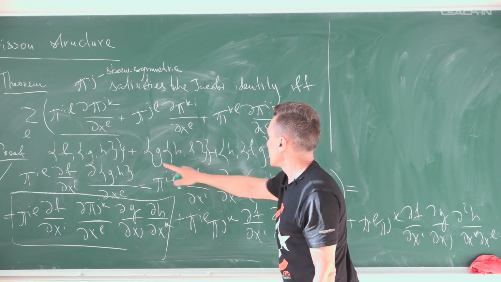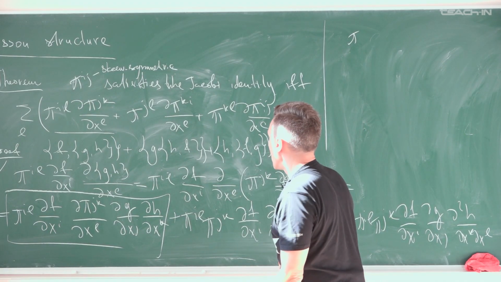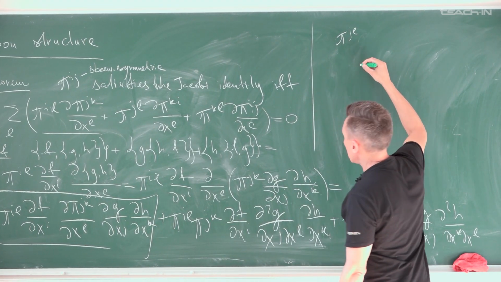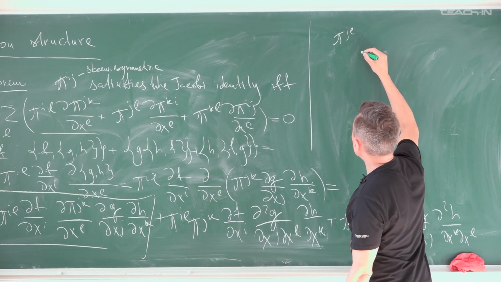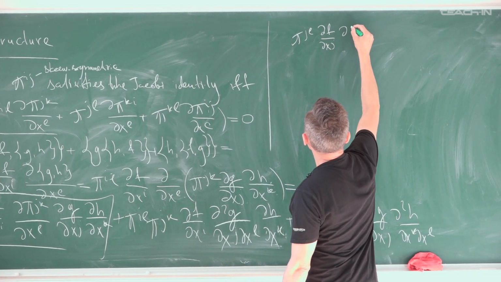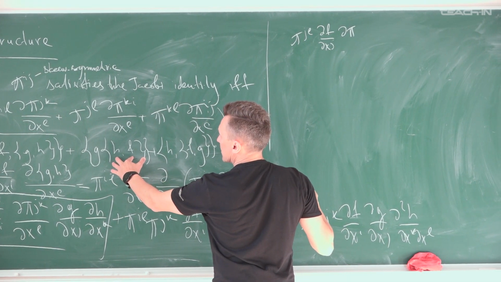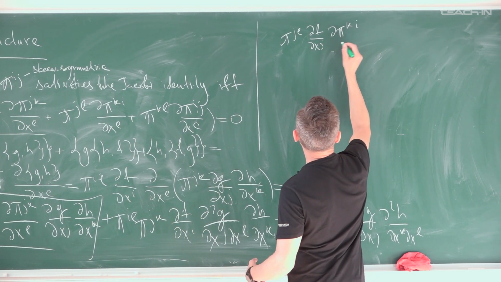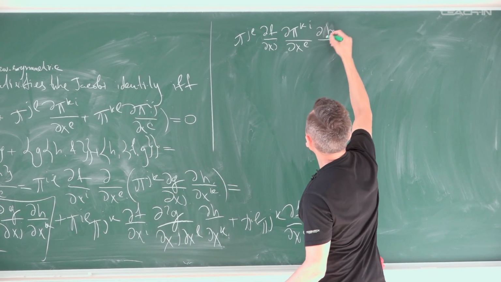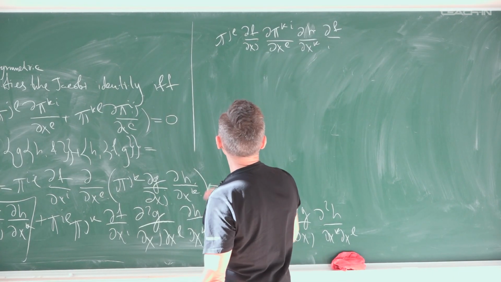So now I will write this expression, and it takes the following form: π^{jl} ∂π^{ki}/∂x^l ∂f/∂x^j... I'm sorry.